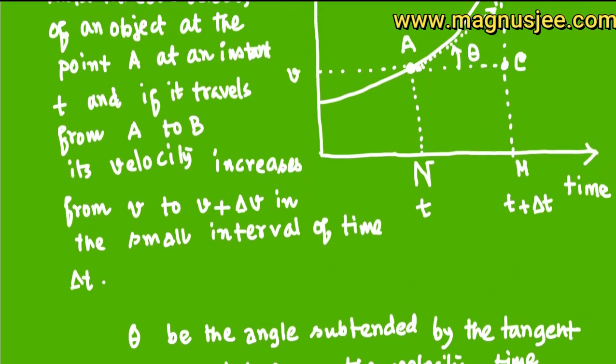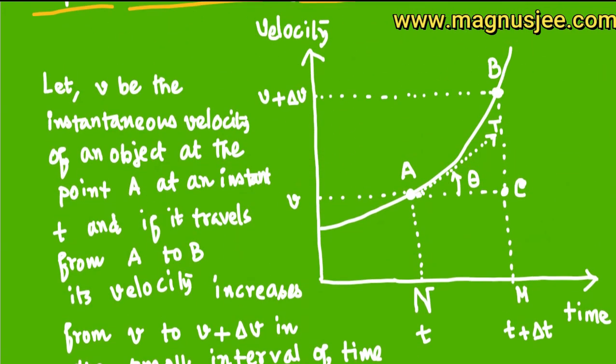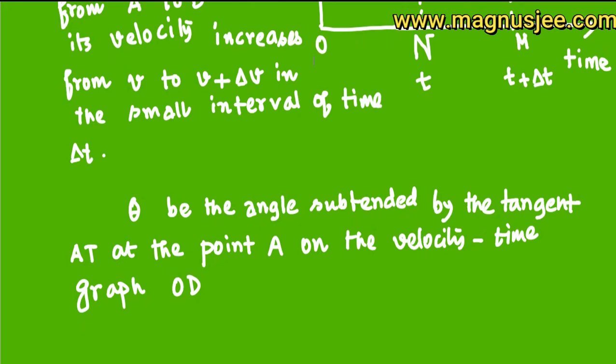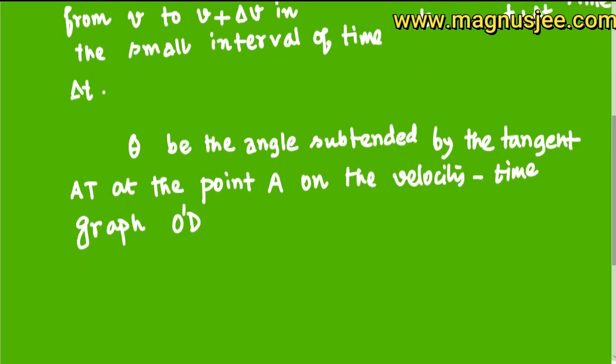The velocity time graph is O prime D. This point is D and this is O prime, the initial point of the velocity time graph, and O is the origin. Theta is the angle subtended by the tangent AT at the point A on the velocity time graph O prime D.